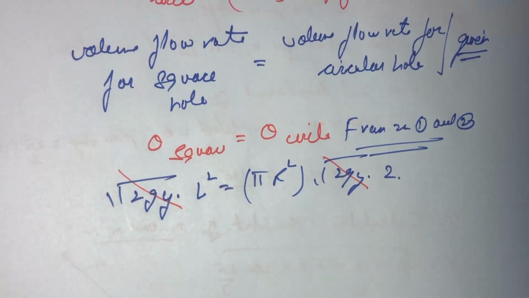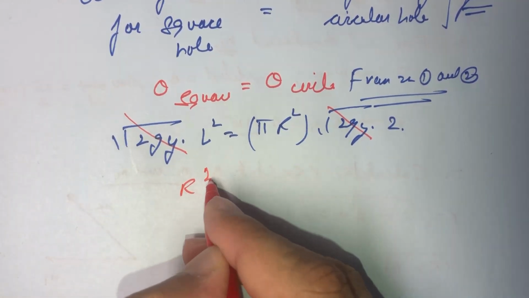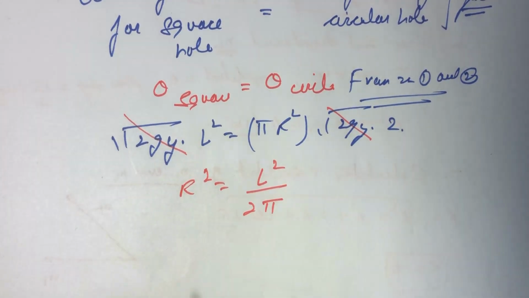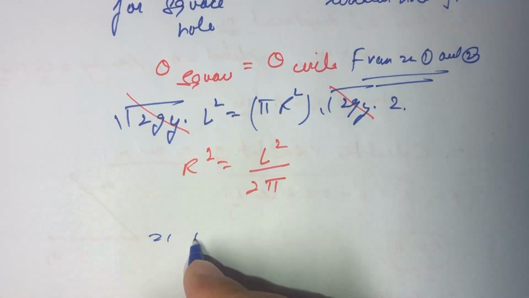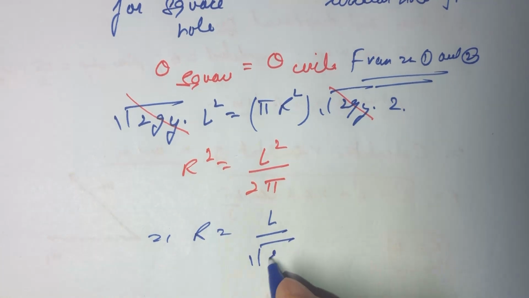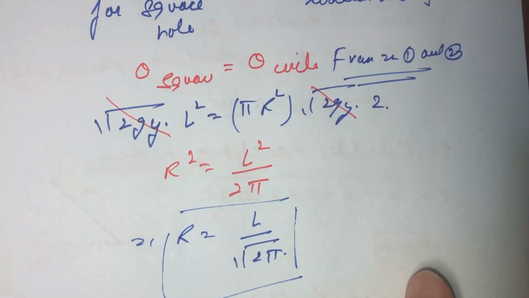So we are left with r square equal to L square upon 2 pi. Therefore, we get R is equal to L upon square root of 2 pi. So this is the value of R.